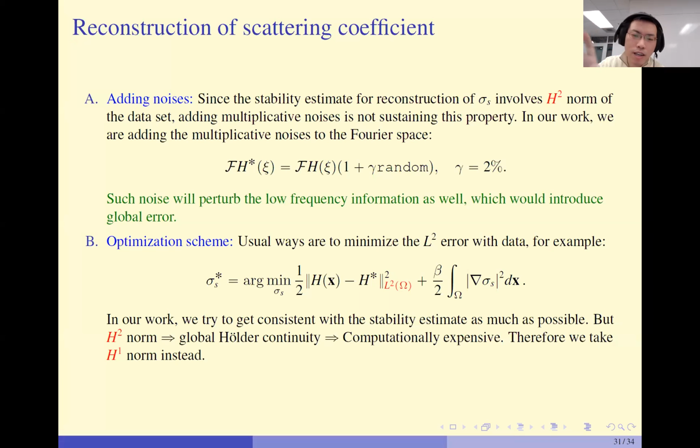You have to use a special element, the Argyris finite element, which is a fifth order polynomial. So it's difficult and more expensive. So here we take a compromise. We just take the H1 norm, which means you won't have a lot of trouble when you solve this using just a standard finite element.